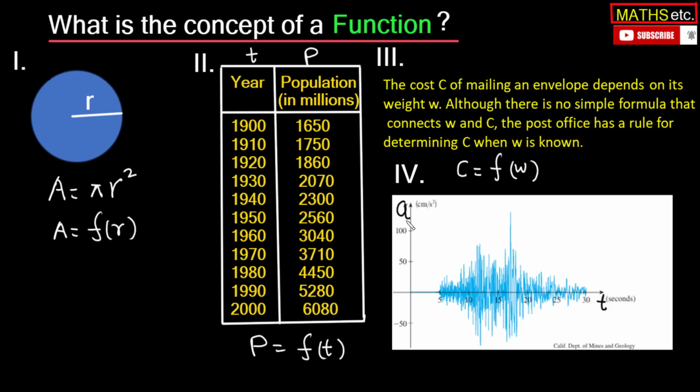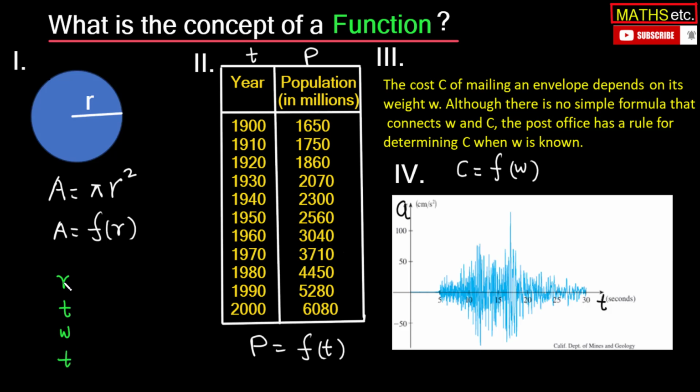So again in this case the a quantity depends upon the t quantity, which is given with the help of this graph. So in all these 4 examples we have seen that there is a quantity: in the first example r, in the second example t, in the third example weight, in the fourth example again time.